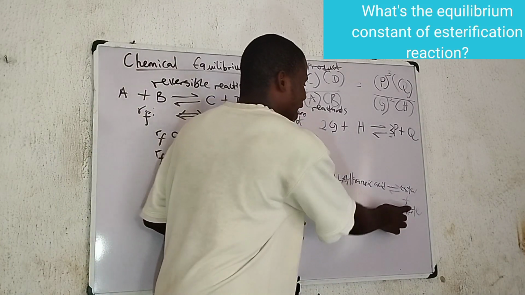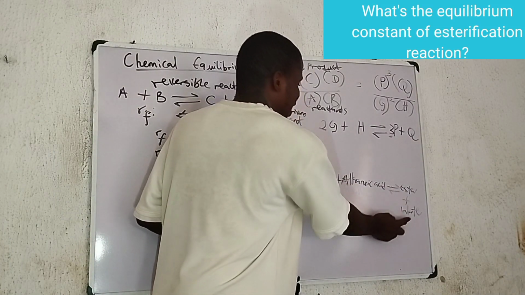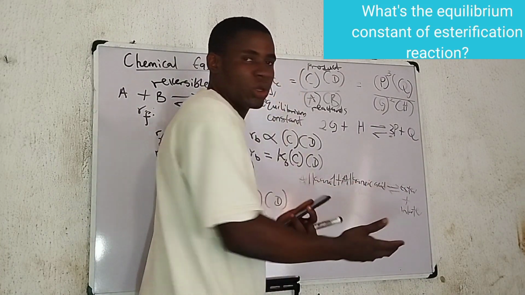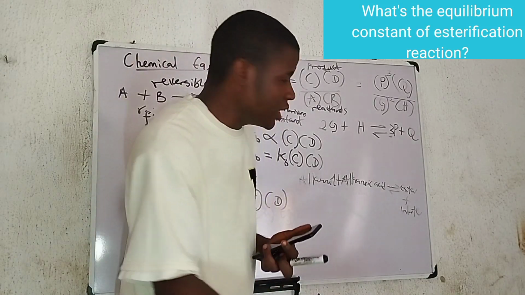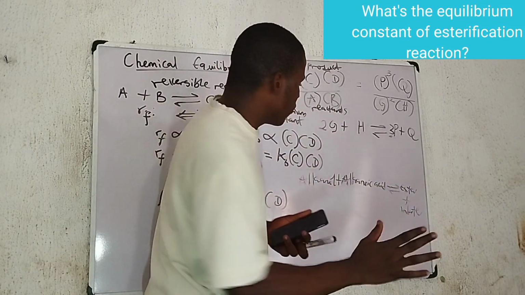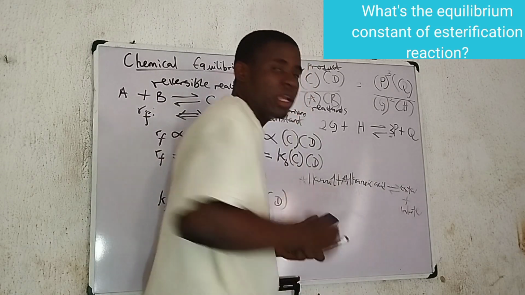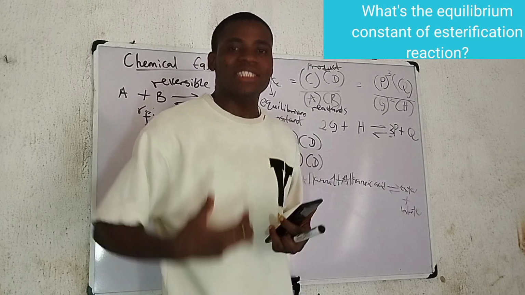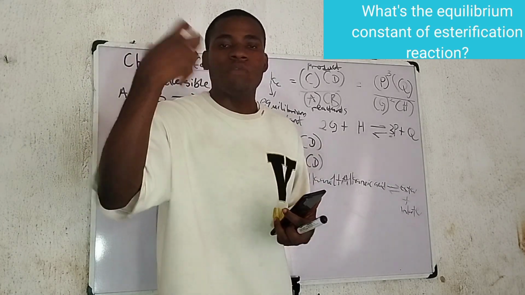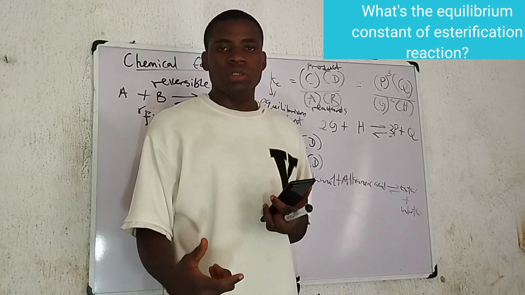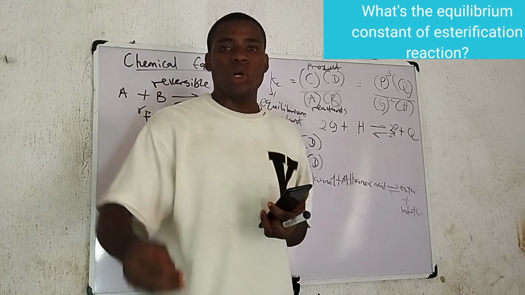Therefore, since we said earlier that it will be ester times water all over alkanol times alkanoic acid, the answer should be ester all over alkanol times alkanoic acid. Now, why didn't I put water? It is from the convention I said, that the equilibrium constant of a pure liquid and a solid is 1.